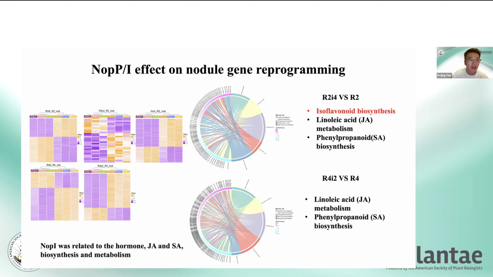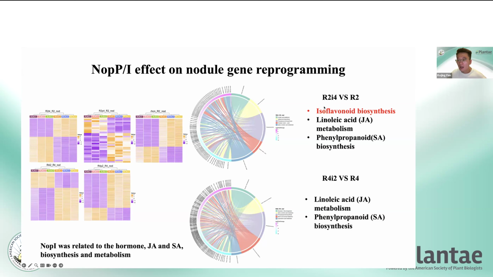Then we checked the NOP-I and NOP effect on nodule gene reprogramming. In previous studies, people always thought the NOP proteins only work on nodule formation, but we wanted to check this NOP's function on mature nodules or on the nodule development process. So we also got the differentially expressed genes first and used them to do the KEGG analysis.